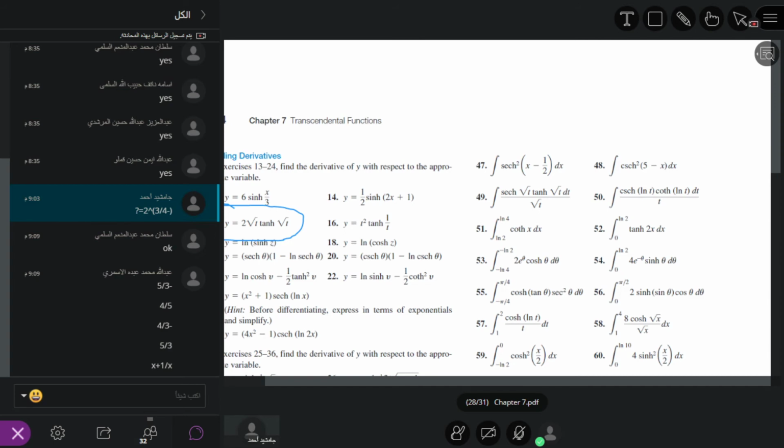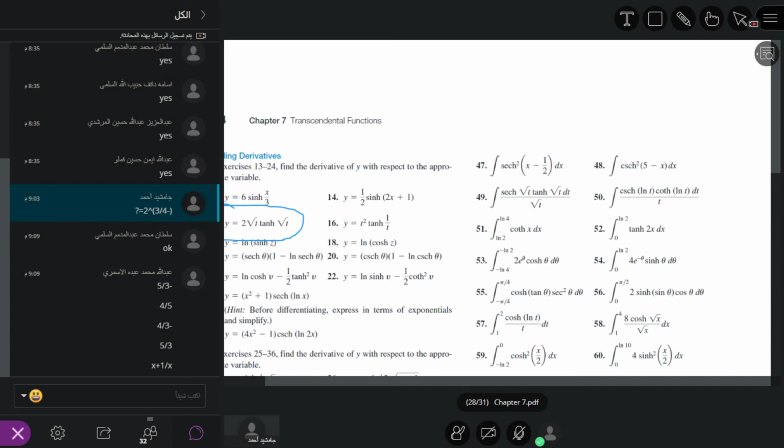What is the meaning of appropriate? Here you can see y is a function of t, so we must find the derivative with respect to t. But in question number 6, y is a function of x, so we have to take the derivative with respect to x.